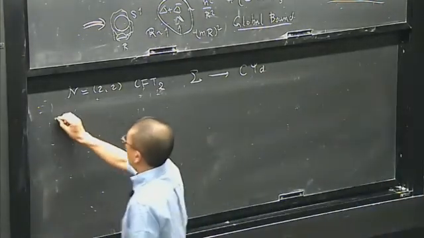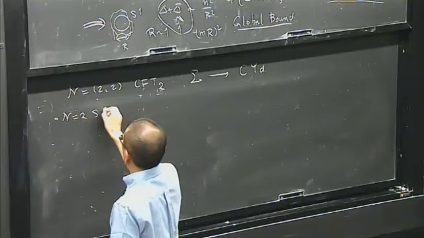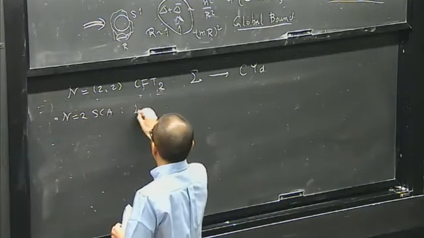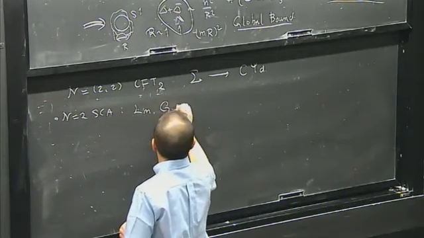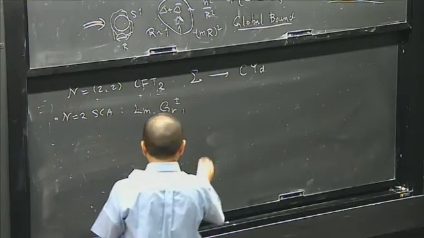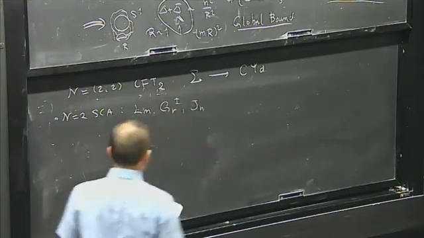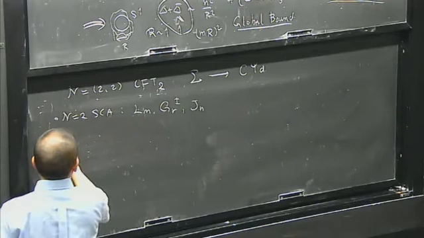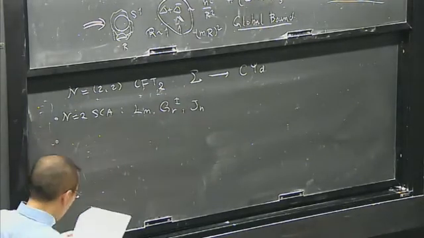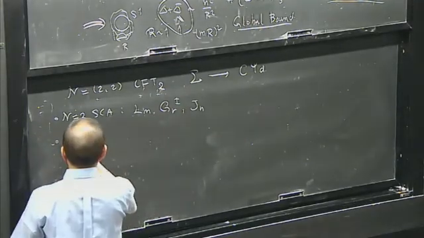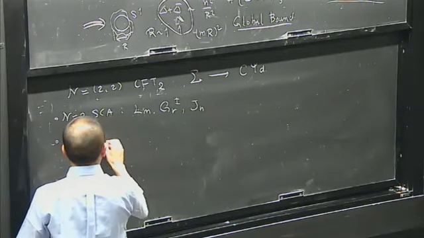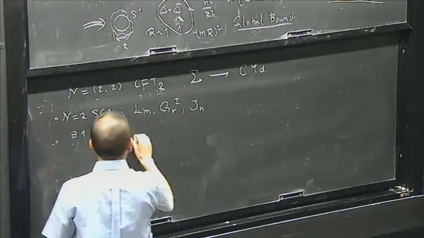That means you have N=2 superconformal symmetry generated by the Virasoro algebra, 2 supercurrent generators and a U(1) charge. But in a d-dimensional Calabi-Yau, there is a unique holomorphic d-form.